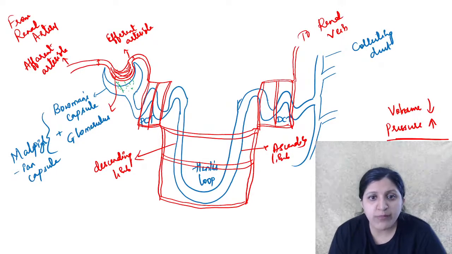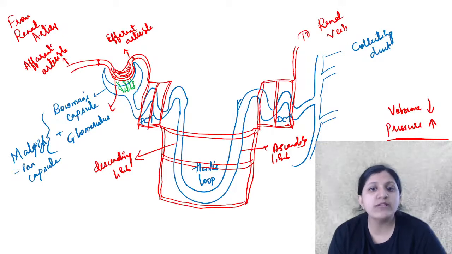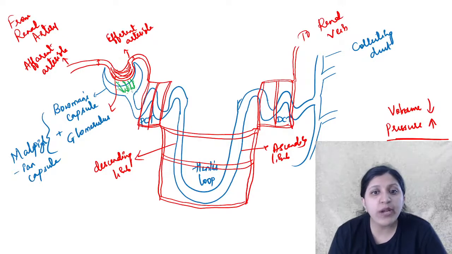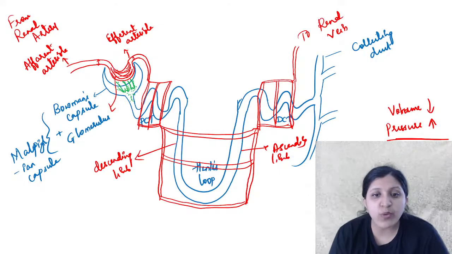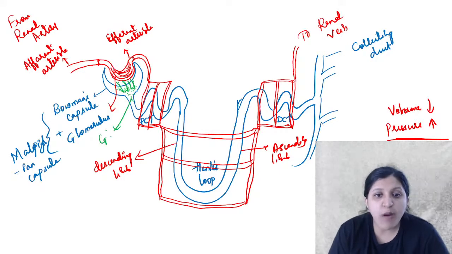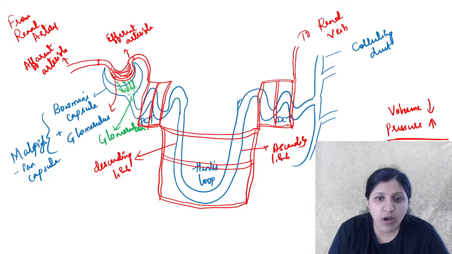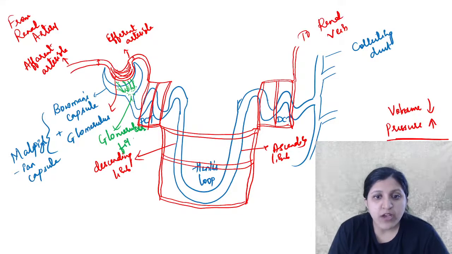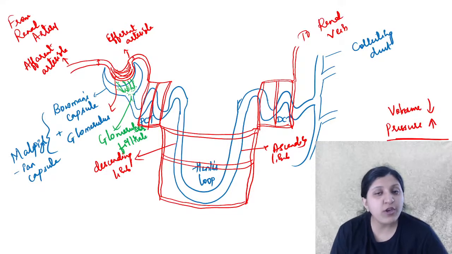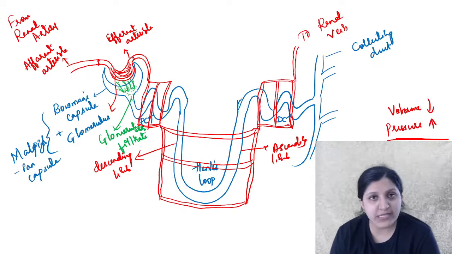This Bowman's capsule is going to receive the liquid part, and that liquid part of the blood we call the glomerular filtrate. This glomerular filtrate is actually not the urine, so there is some more process that has to occur.